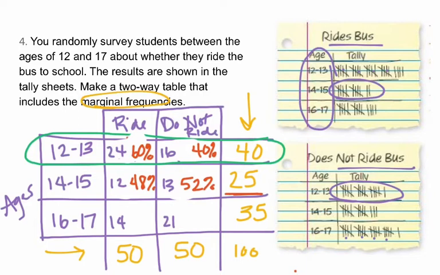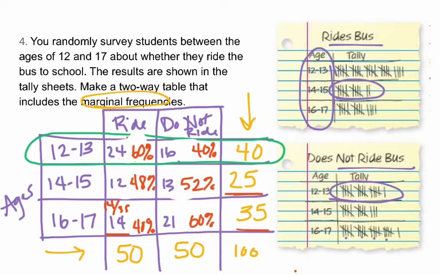Either way, however you want to think about it. All right, we've got our last age group. 14 out of the 35 16 to 17-year-olds ride the bus. 14 out of 35, or 14 divided by 35, is 40%. And then we have 21 out of 35, or the other part of the 100%, which is 60%.